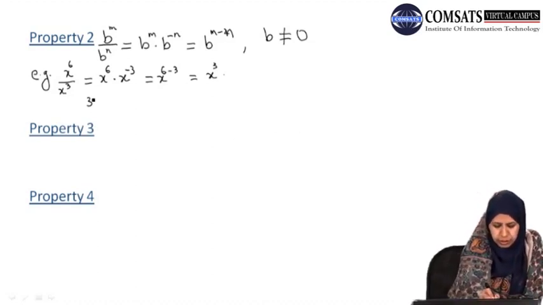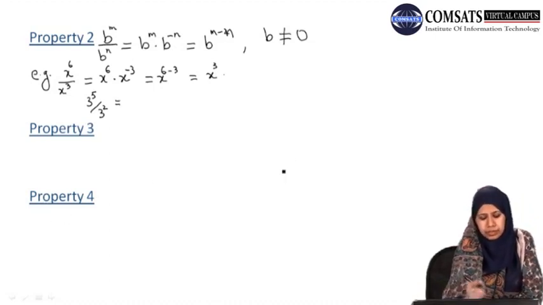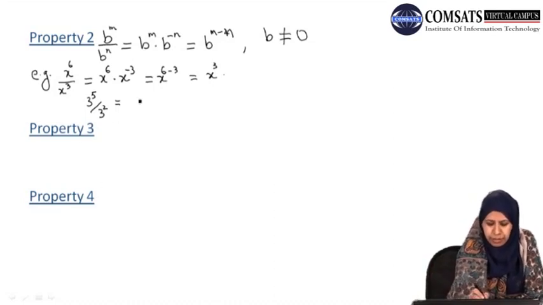Let's take one more example. 3 to the power 5 divided by 3 square. Now to calculate 3 to the power 5 is somewhat lengthy. We will simplify it first by writing it as 3 to the power 5 into the denominator as a product with the negative power, so it will be 3 to the power minus 2.